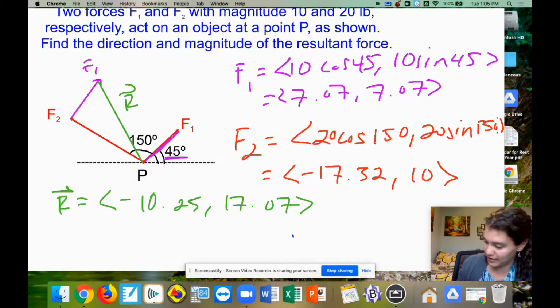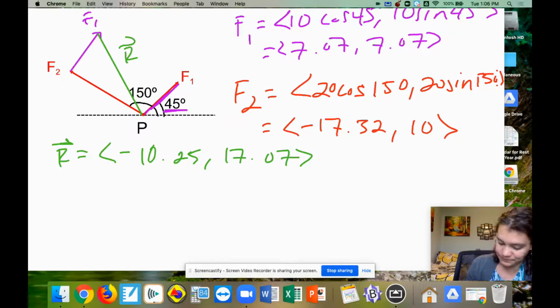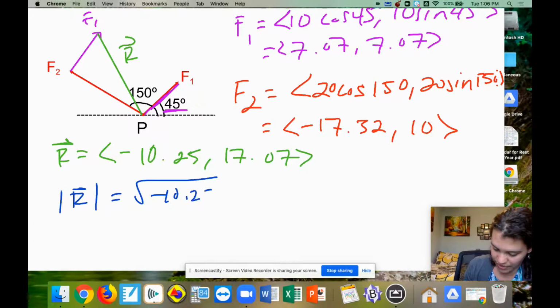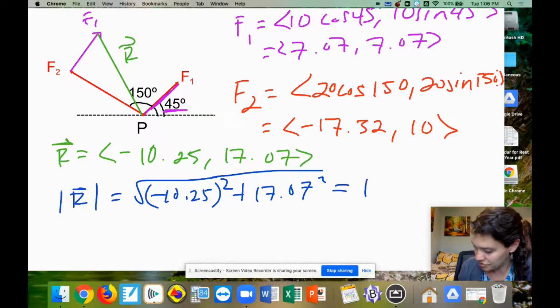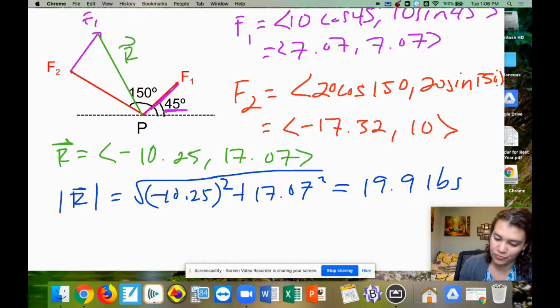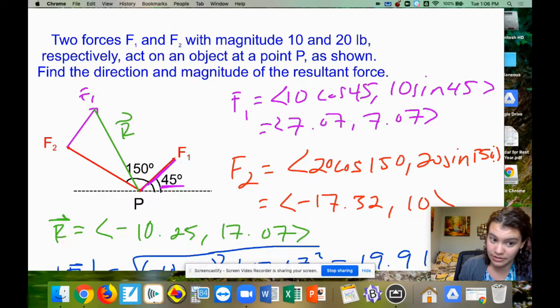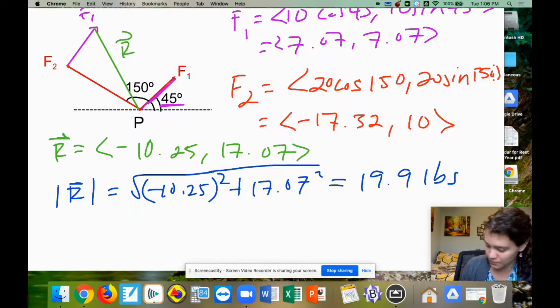So then to find the force, take the magnitude, so negative 10.25 squared plus 17.07 squared. Take the square root, and you should get about 19.9 pounds. So then you do the direction. Here, it doesn't ask for a bearing, so you can just do direction.